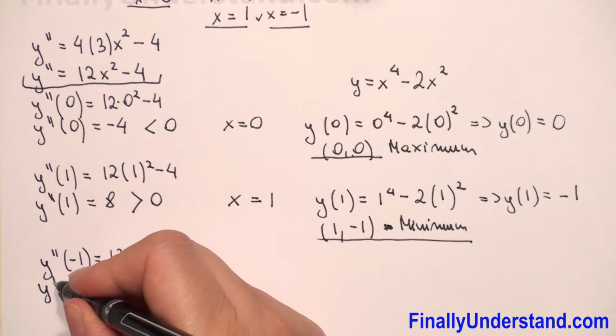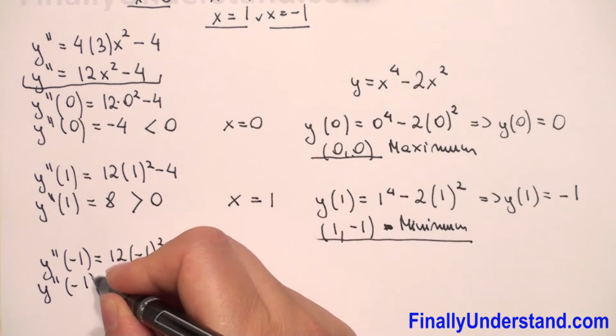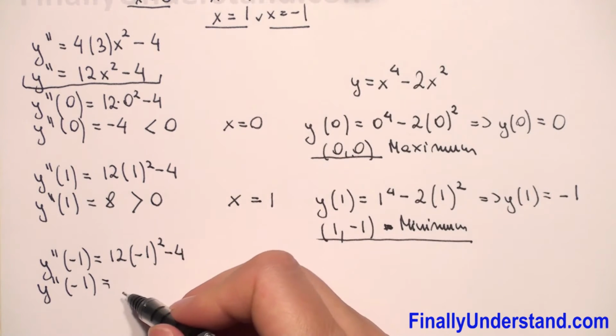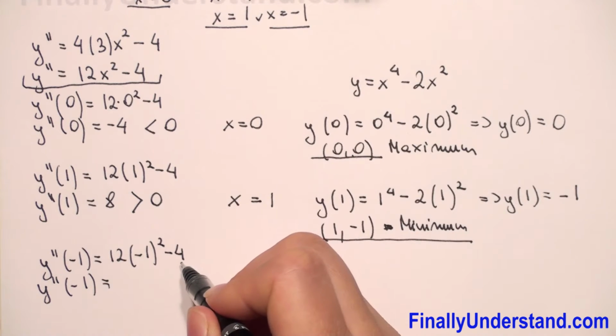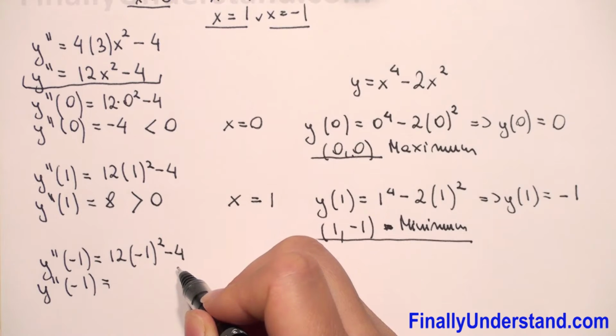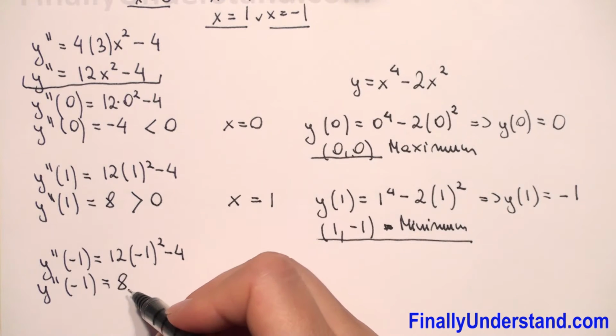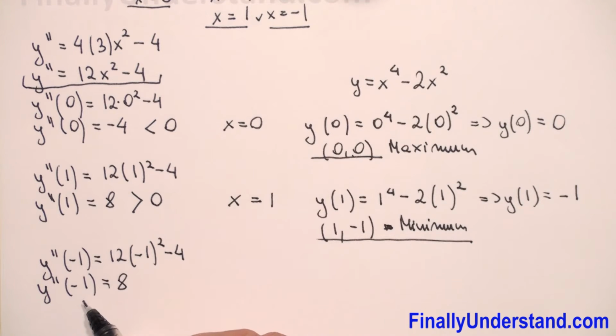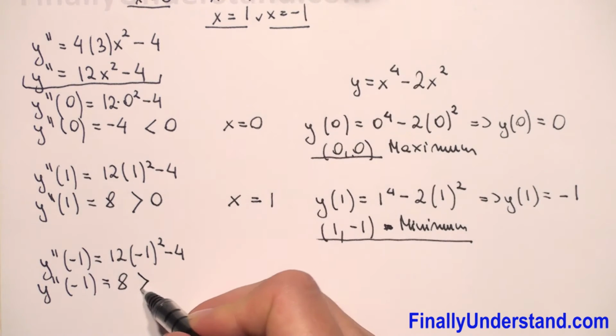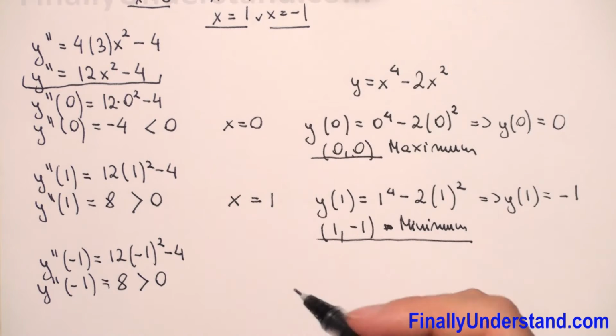So y double prime of negative 1 is equal to 12 times 1, which is 12, minus 4 is 8. It means we have a minimum again because our second derivative for x equals negative 1 is positive, greater than 0.